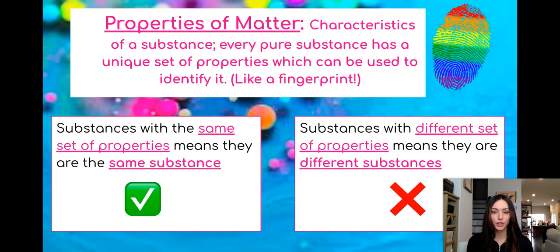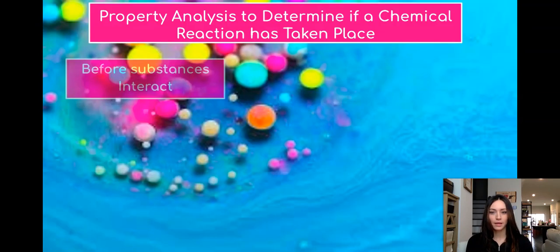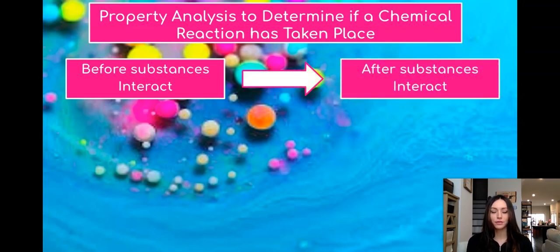Now, in order to determine if a chemical reaction has taken place when multiple substances interact, we must analyze the properties of those substances. To do this using property analysis, we need to look at the substances before they interact and then after they interact.